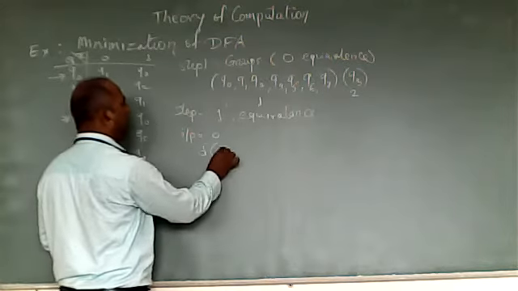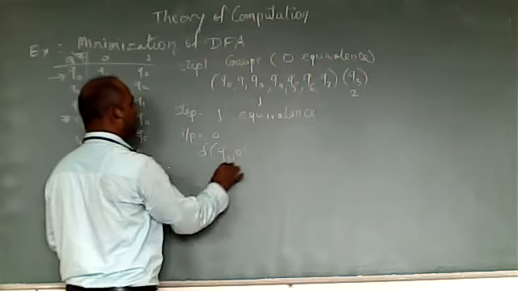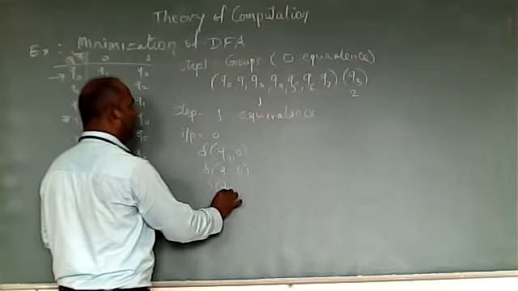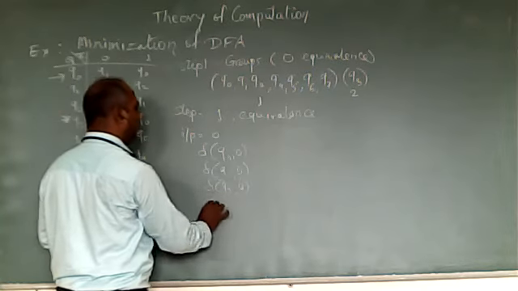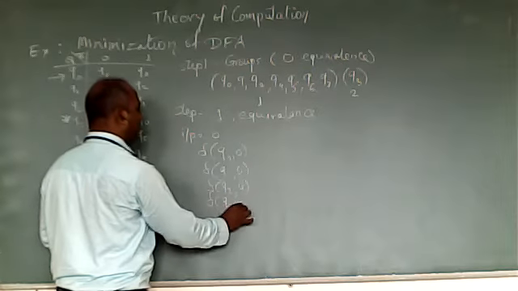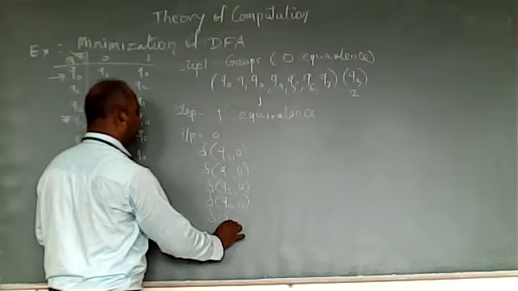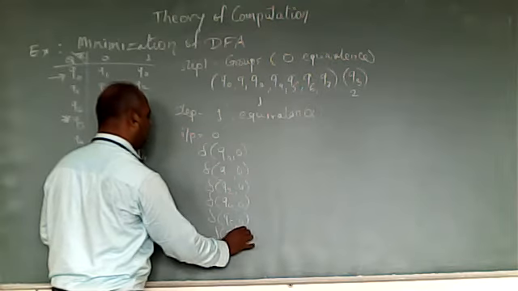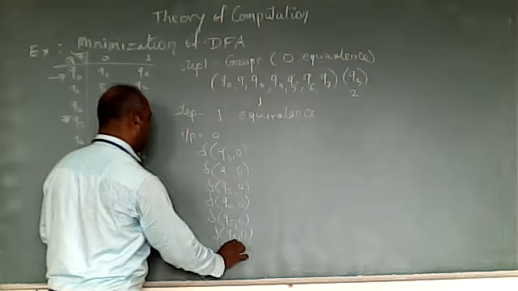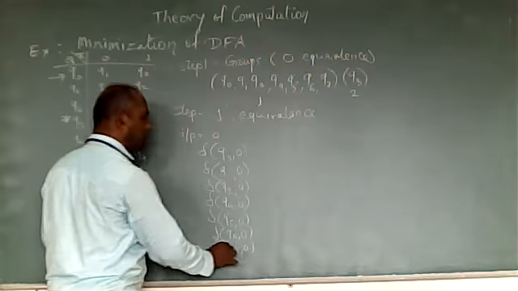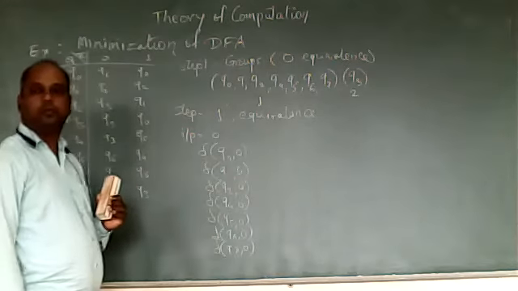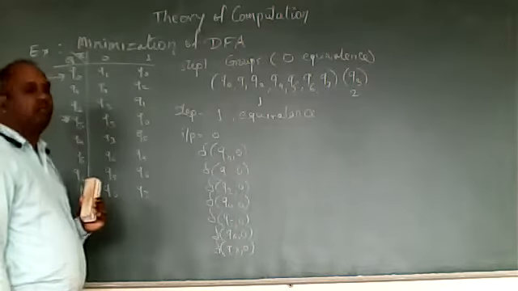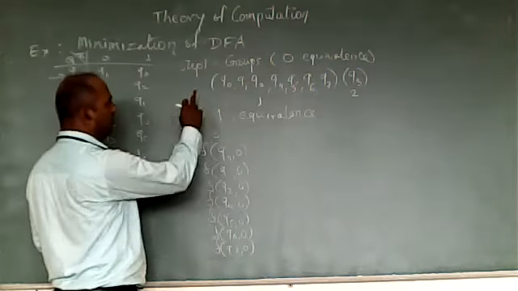We check delta of Q0 with input 0, delta of Q1, Q2, Q4, Q5, Q6, and Q7 with input 0. So with input 0, I am checking the transition of all the states from group 1.